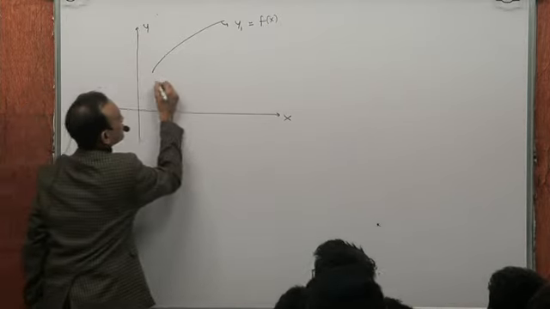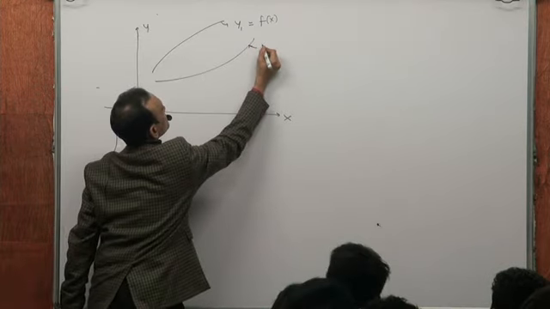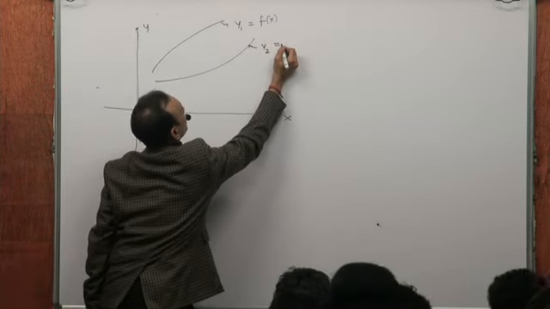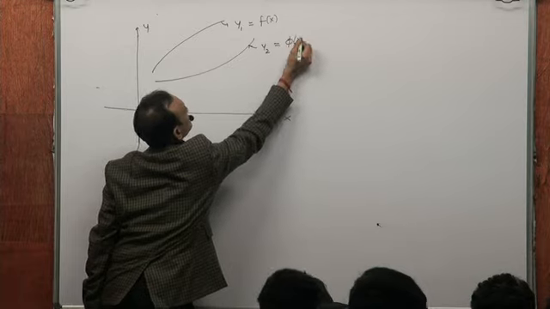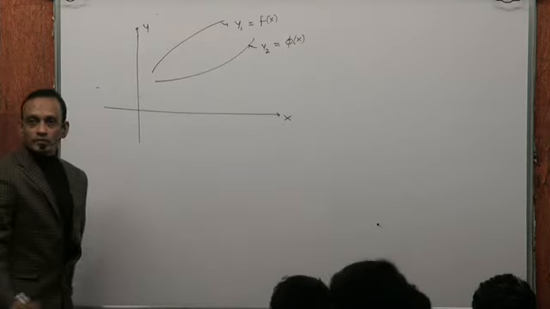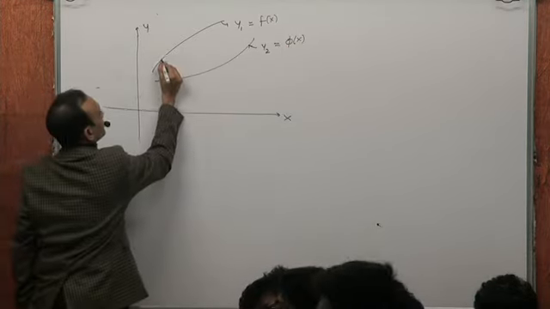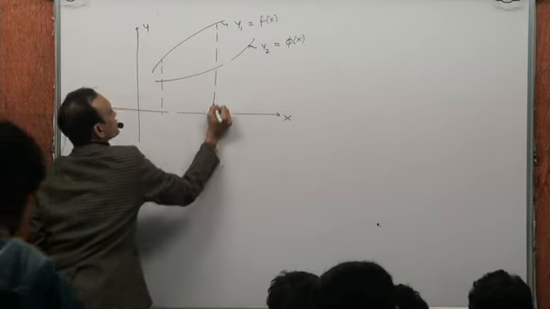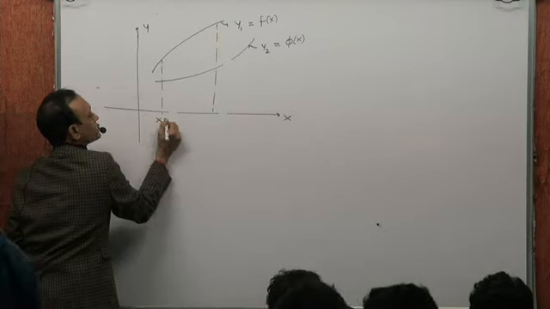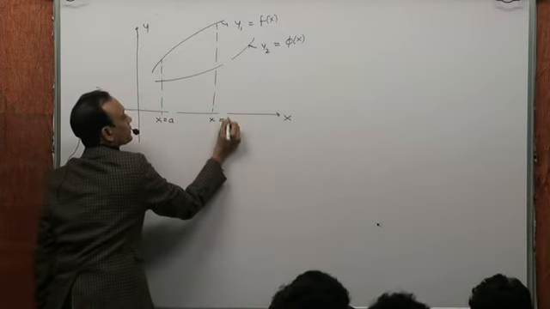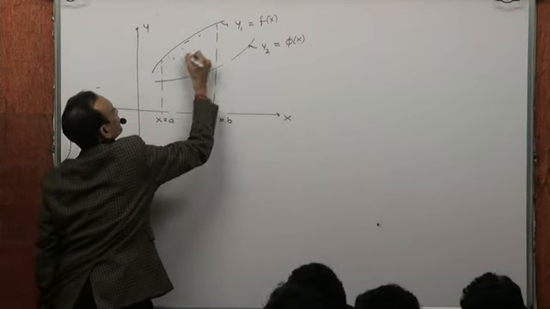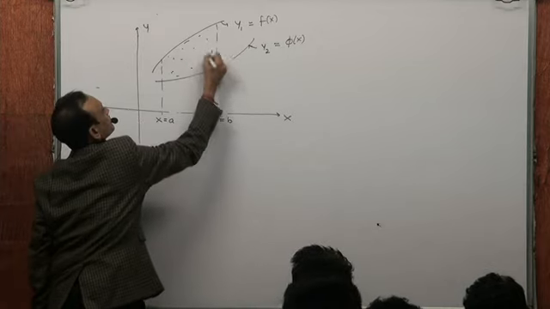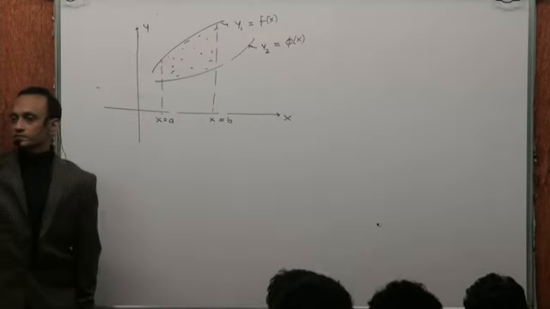This is another curve. The y's of these curves, we'll call them y2, are given by, say, phi(x), right? And I need to calculate the area between the two curves lying between x equal to a to x equal to b. I need to compute this area. Right, between the two curves.